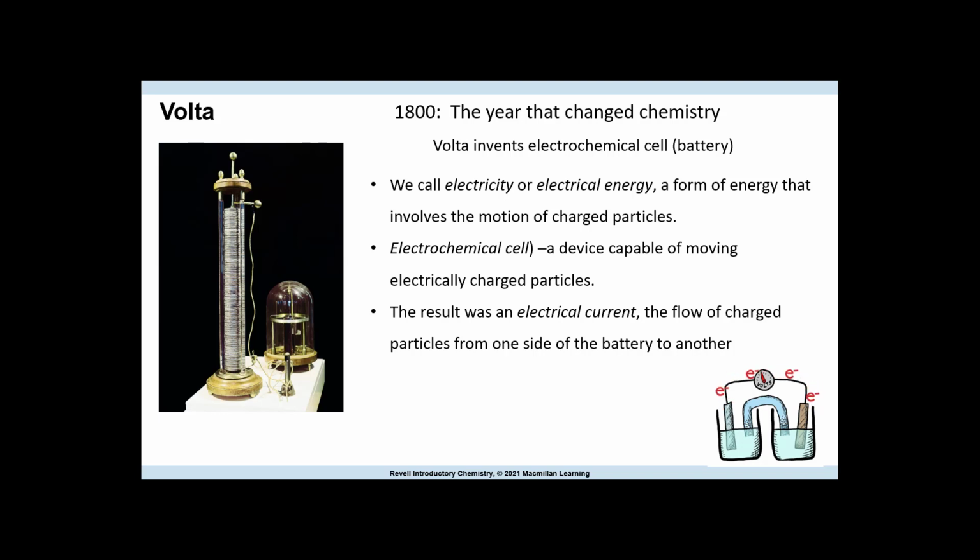This contained alternating plates of zinc and copper with pieces of cardboard soaked in sulfuric acid. The two sides were connected by a metal wire. This wire represented an electrical current. This means that there was a flow of charged particles from one side of the battery to the other.